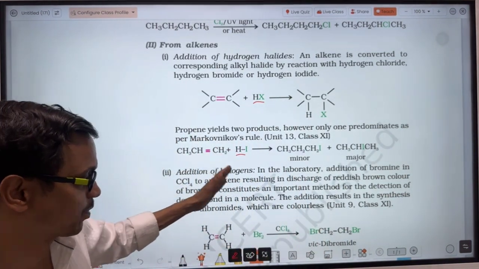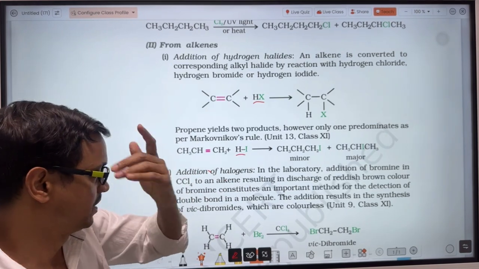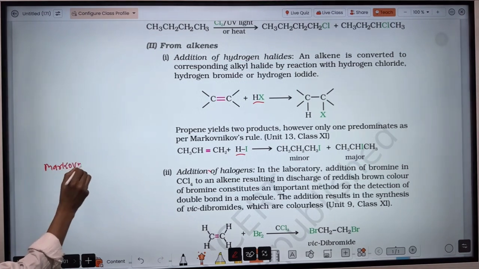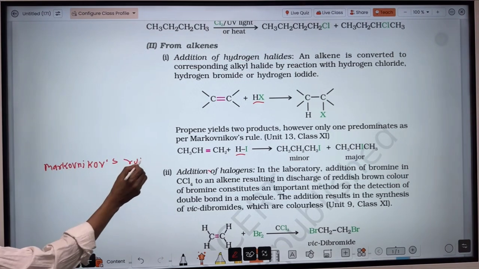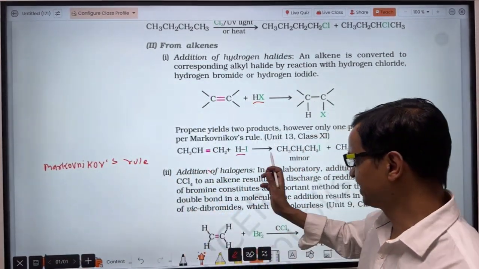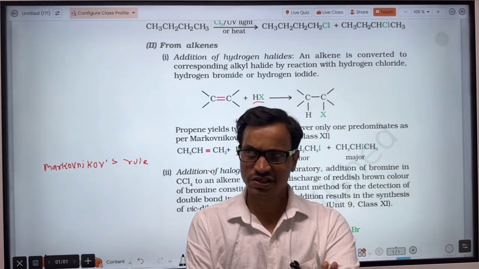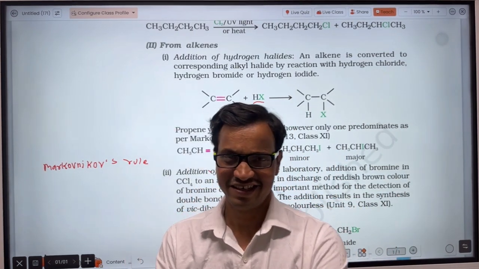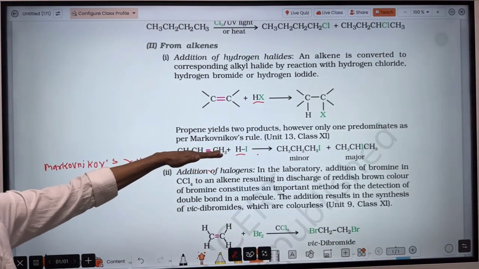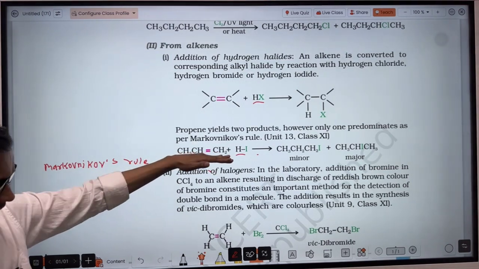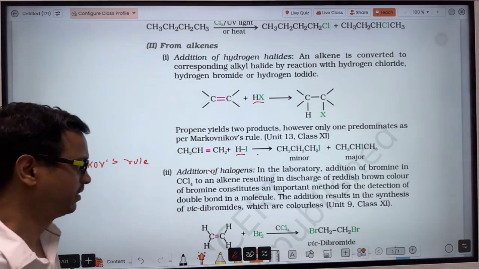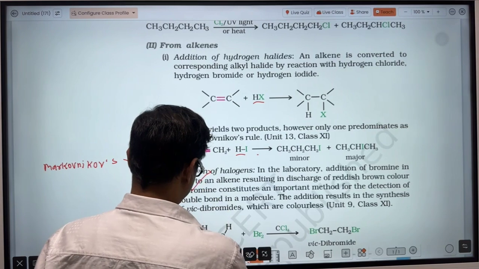So when an unsaturated hydrocarbon reacts with a reagent, then Markovnikov's rule states that the negative part of the reagent will bond to that unsaturated carbon atom which contains less number of hydrogen atoms during the addition reaction of an unsaturated hydrocarbon.